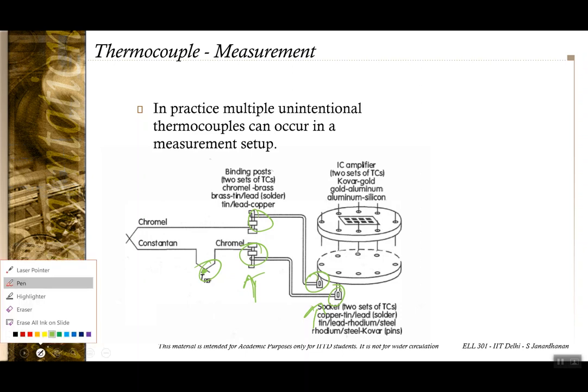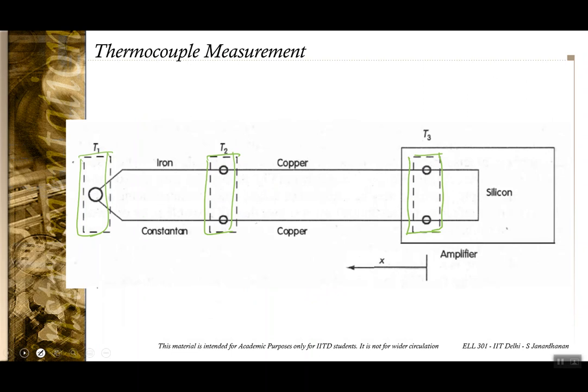This circuit that I'm going to explain is a slightly different one, where you have a thermocouple between iron and constantan. You have a reference junction here, and you have a hot junction here, and you have a reference junction T2 that is here.